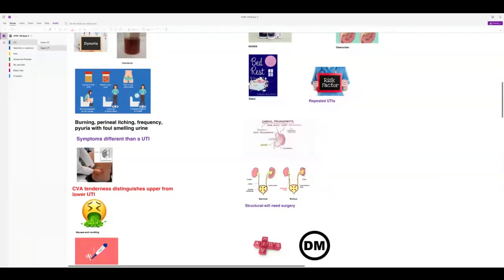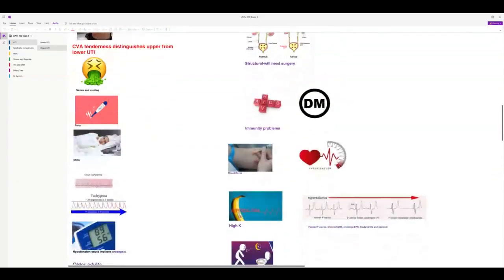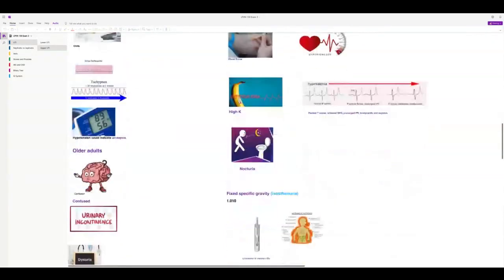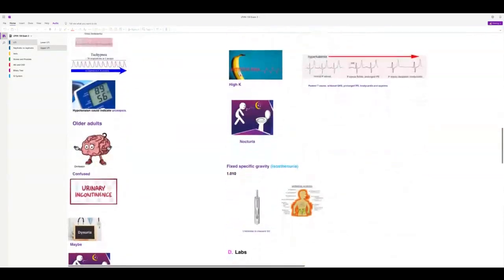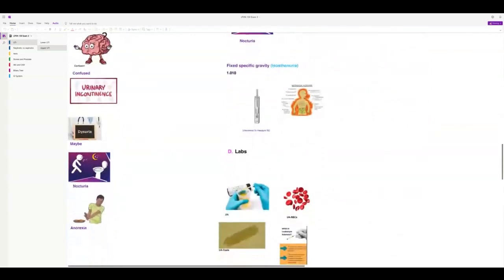So CVA tenderness, the provider would give a little punch to the back, percuss or palpate the back in the flanks, and they'll be very tender. Okay, and they'll have nausea, fever, chills, sinus tach, maybe a low blood pressure. Older adults, confusion. See, all the same signs as a UTI, except they have that costovertebral angle tenderness.